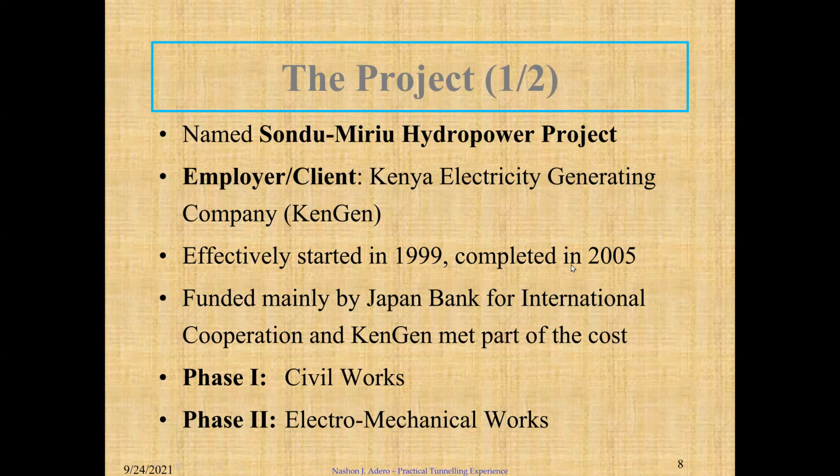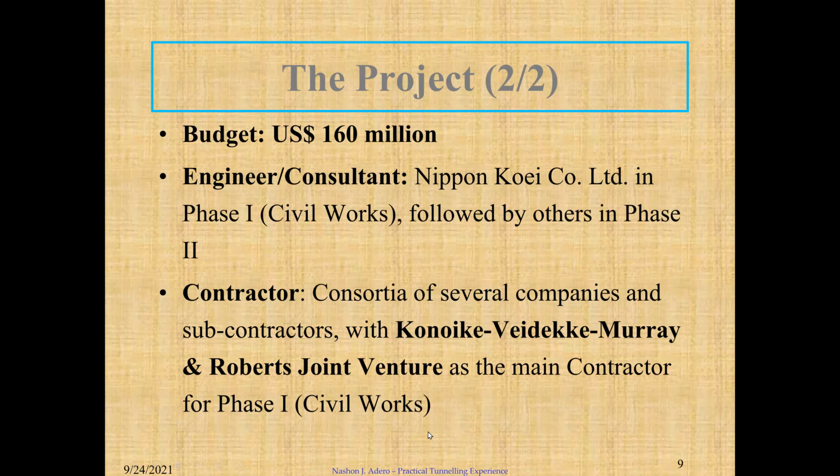Why 2005? I talked of civil works. We completed civil works in 2003 because there are other works such as electromechanical works for the power stations to generate electricity downstream. So you need both civil works and electromechanical works.